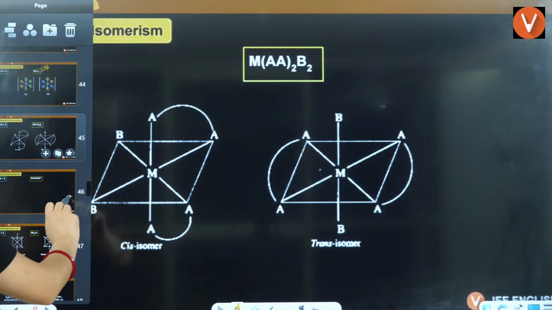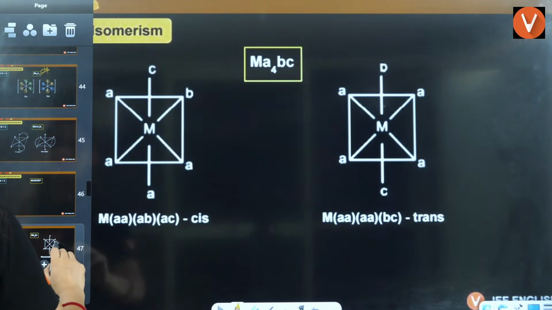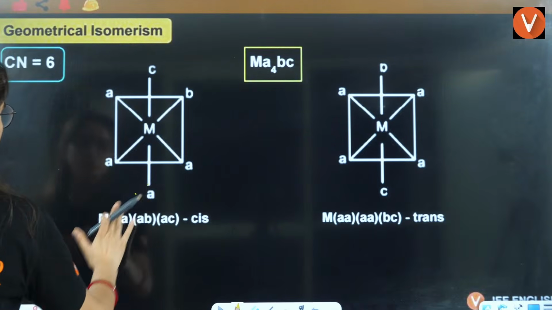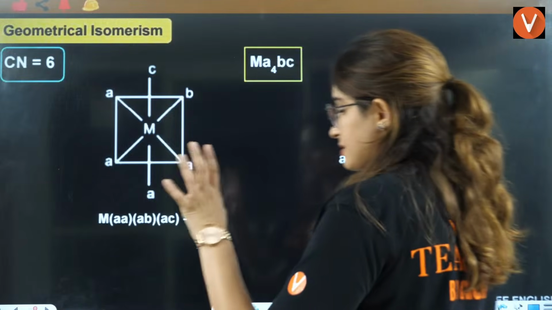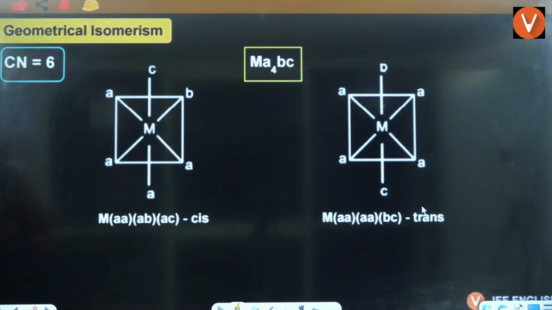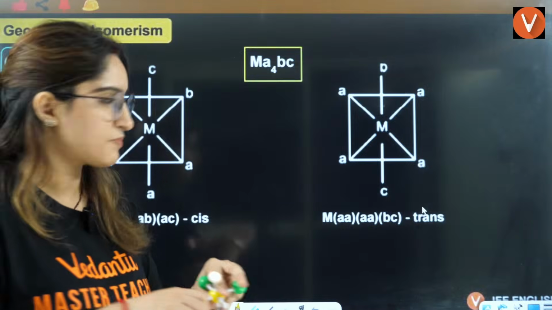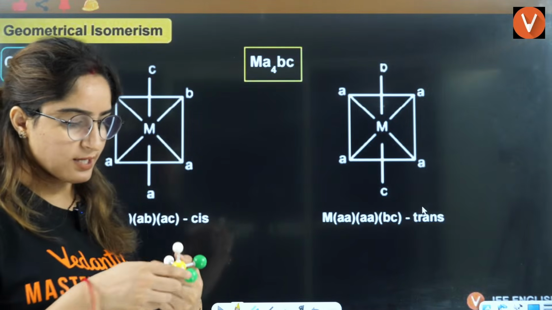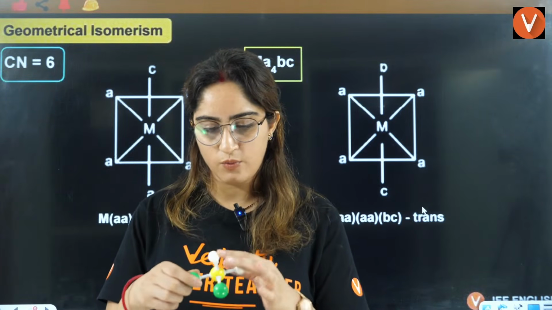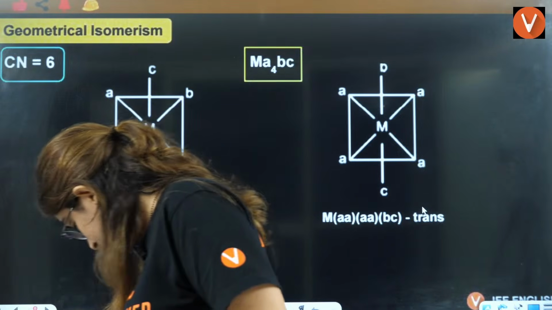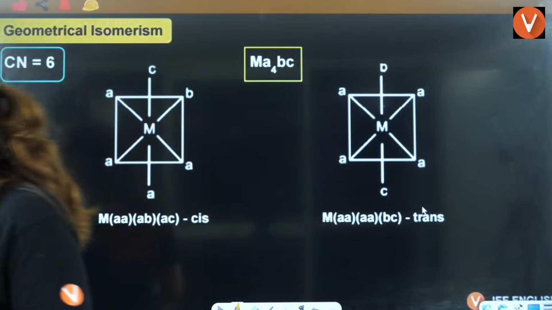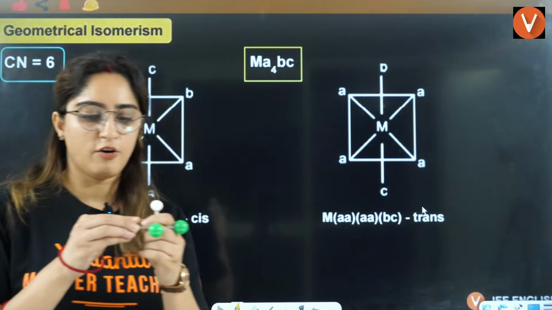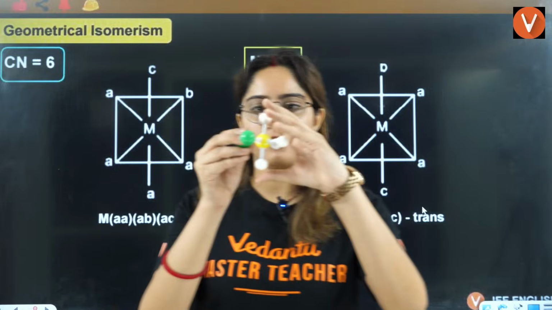A4BC, right? Let's talk about A4BC. A4BC, simple, you have four same, 1, 2, 3, 4 are same. Four are same and two are different.